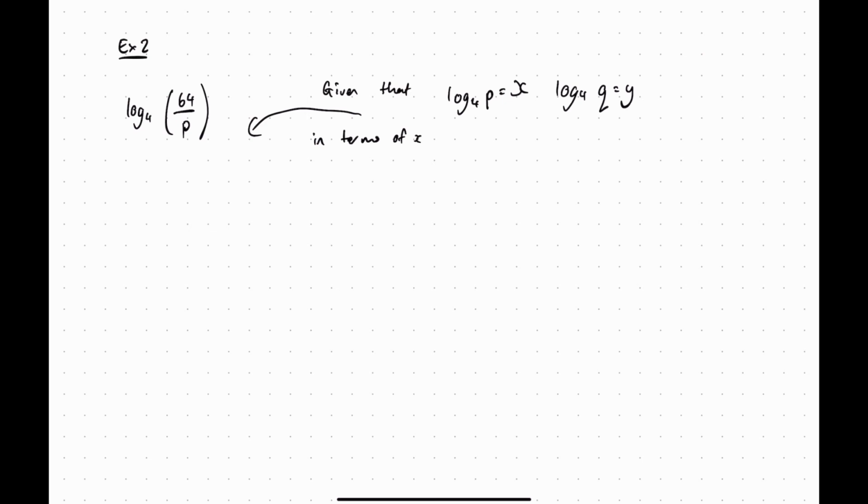What we can say is that this is the same as log base 4 of 64 minus log base 4 of 1 over p. Log base 4 of 64 is the same as 3. They've written it as log base 4 of 4 cubed and used the log base a of a to the x equals x rule to say that it is just 3.